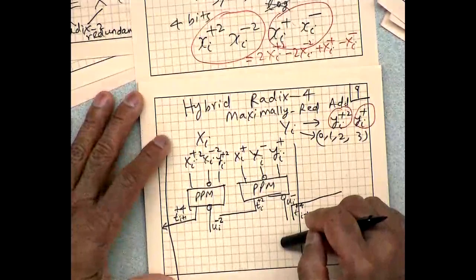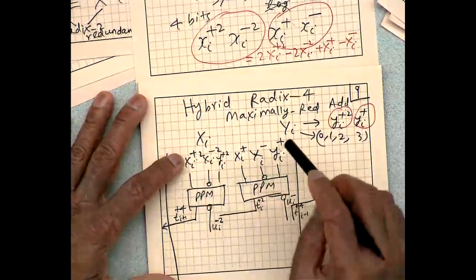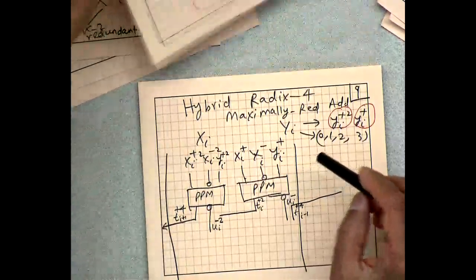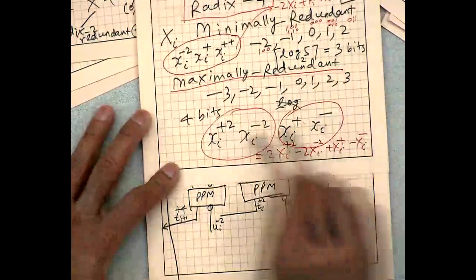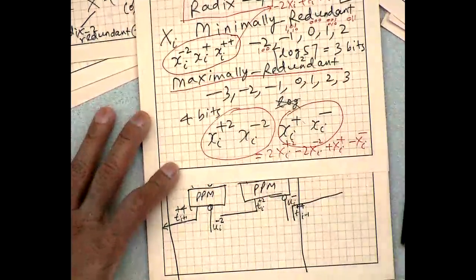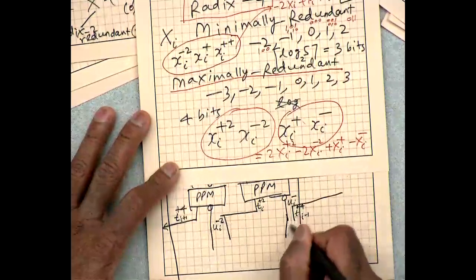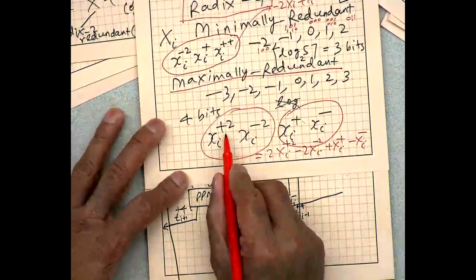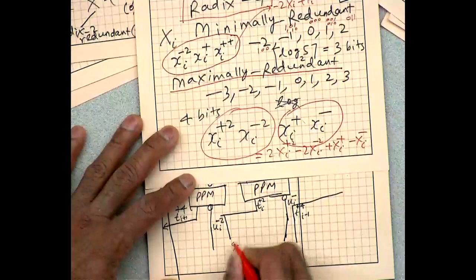So what do I really need to represent the sum? The sum has to be represented using a radix 4 maximally redundant, which means the sum should have 4 bits. Let's see if we can collect these 4 bits. I need a bit positively weighted plus 2, so I do have si plus 2.